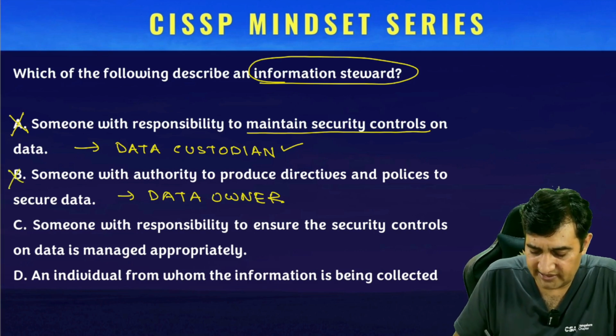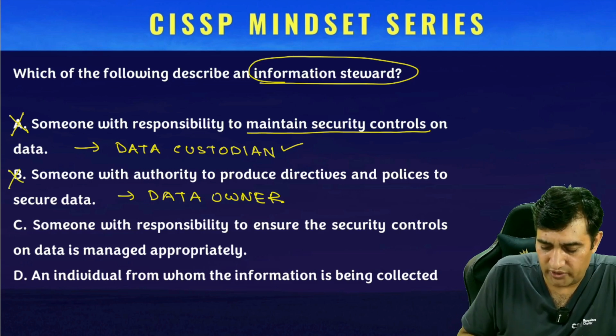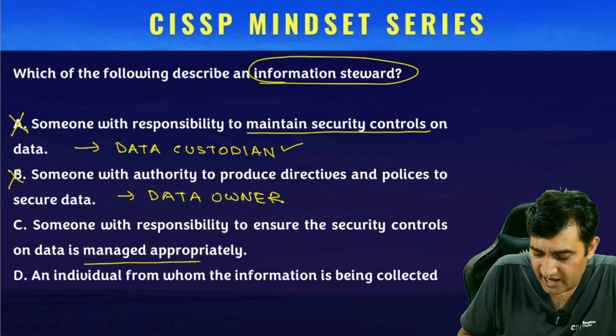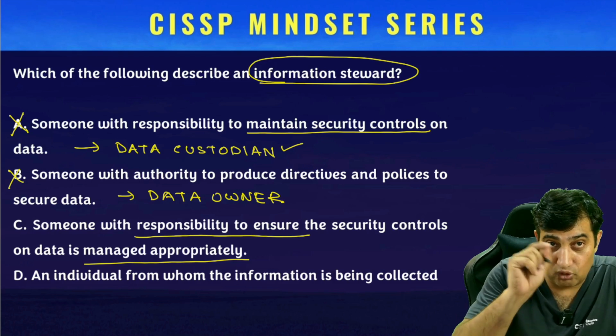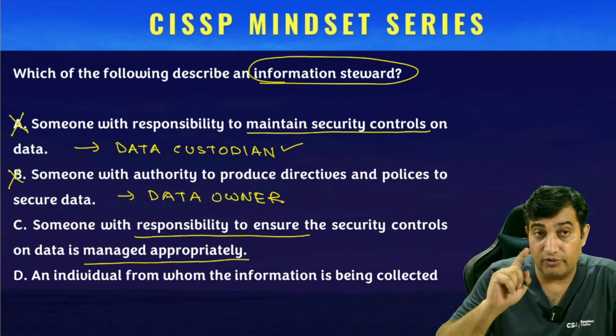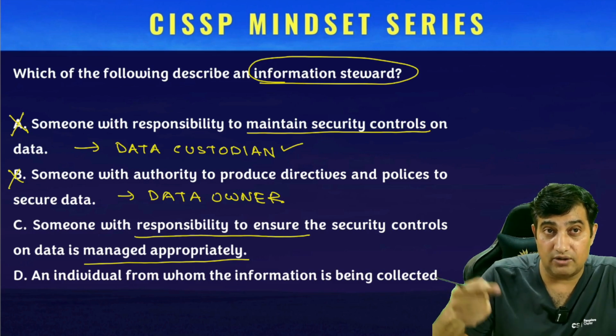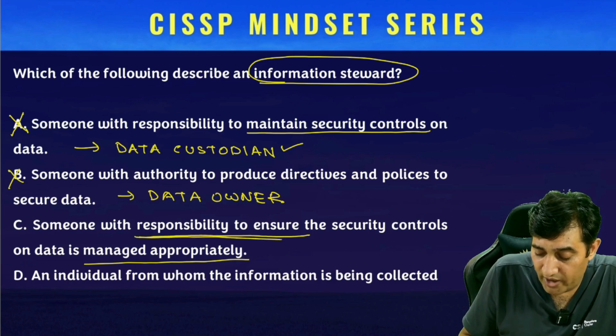Option C says someone with responsibility to ensure the security controls on data are managed appropriately. Responsibility to ensure. Guys, please note this down. These are very important things from the CISSP perspective. You have to be very mindful of the selection of words. It says responsibility to ensure.